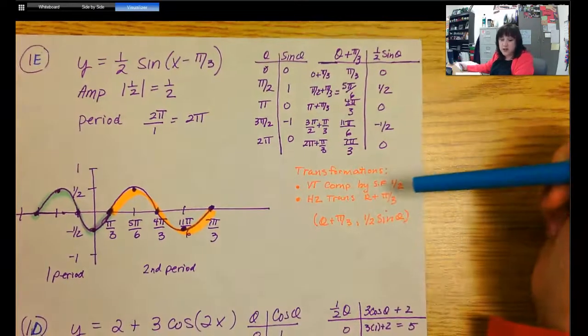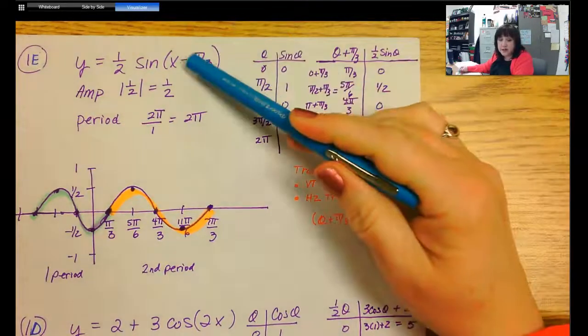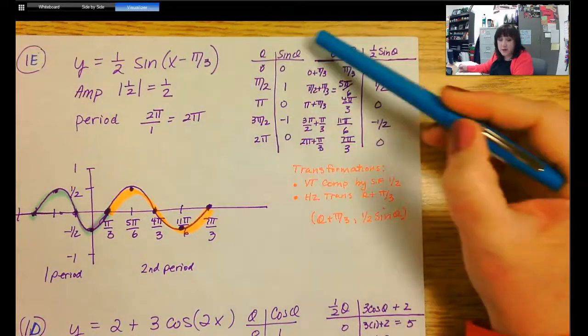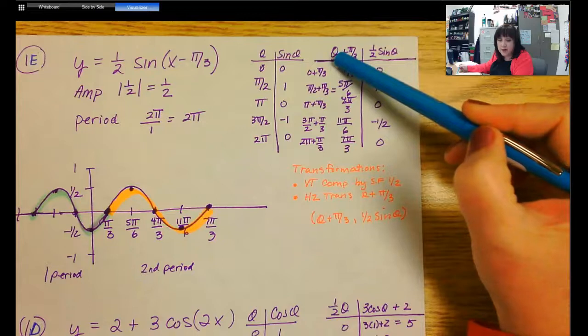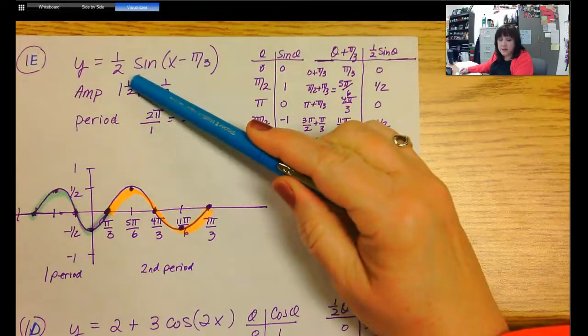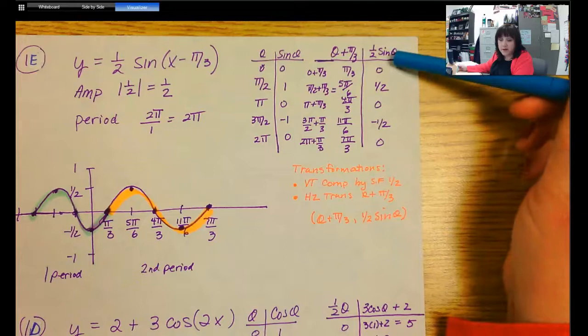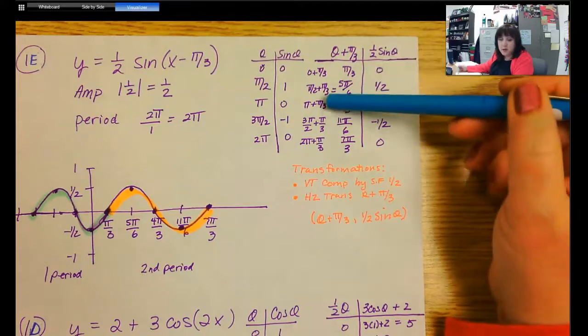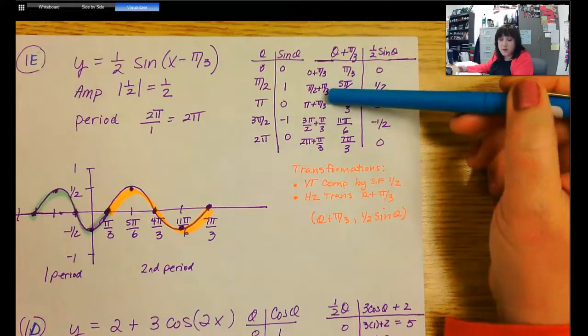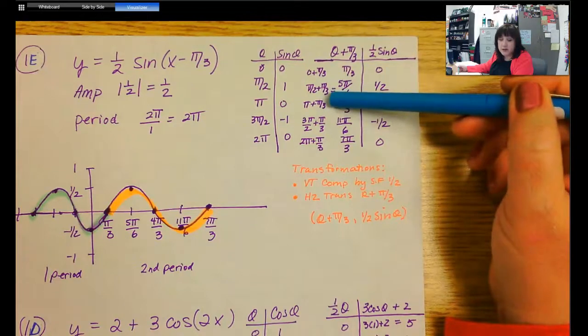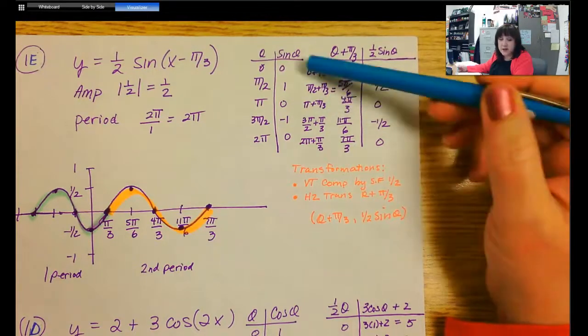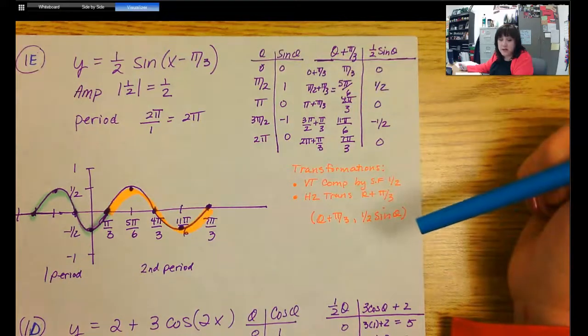So transformation-wise, I'm going to shift this to the right pi over 3. So I'm going to add pi over 3 to all my angles, and then 1/2 times sine means I'm going to multiply all my sine values by 1/2. So remember, when I add pi over 2 and pi over 3, I have to get a common denominator, which is pi over 6. So that is going to be 3 plus 2, which is 5 pi over 6.